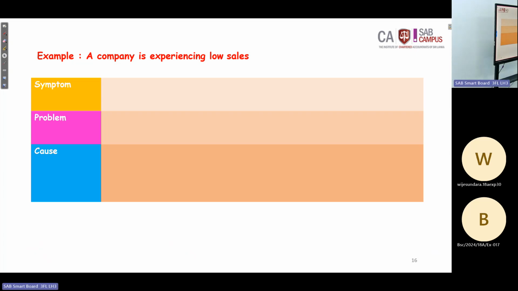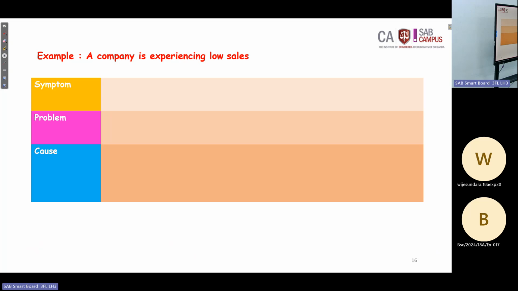Okay. A company is experiencing low sales, right? Assume you all are working somewhere else, and your company is experiencing low sales. Write down symptoms and the causes, and based on this given scenario, what may be the problem. Write it quickly. You all are CFOs, Chief Financial Officers.